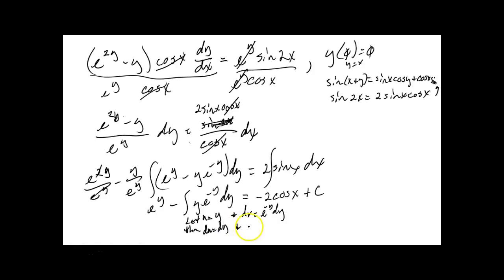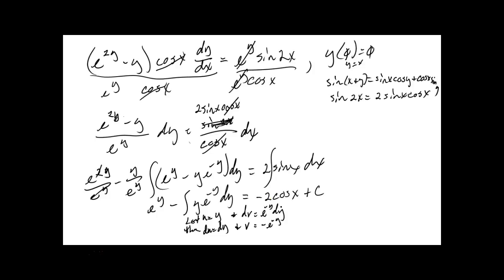And now we do the other side. v is equal to what? Take an antiderivative of e to the minus y, and what do you get? It's a minus e to the minus y.